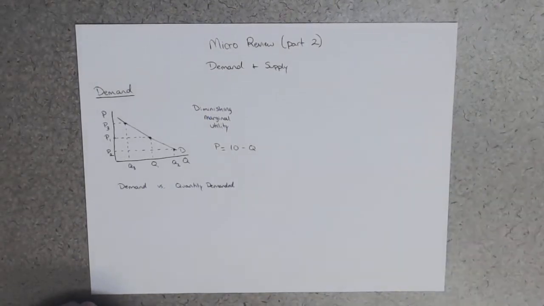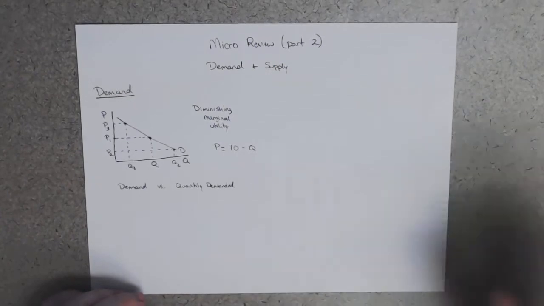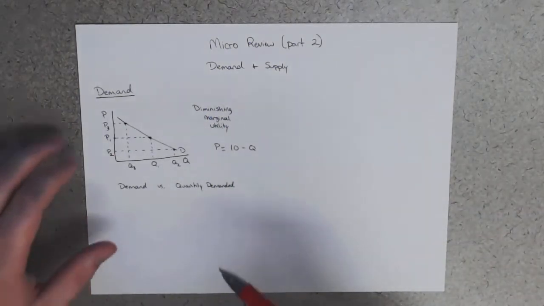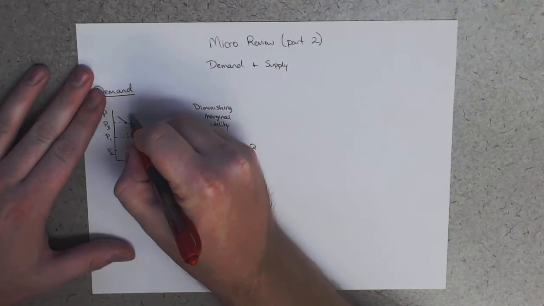Okay. Now, the demand curve, as I'm sure you all know, can shift, right? So we can move the demand curve around. And if we were to increase demand, what that would do is shift it over to the right.